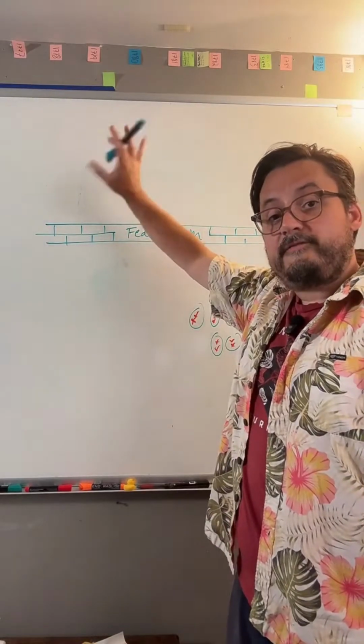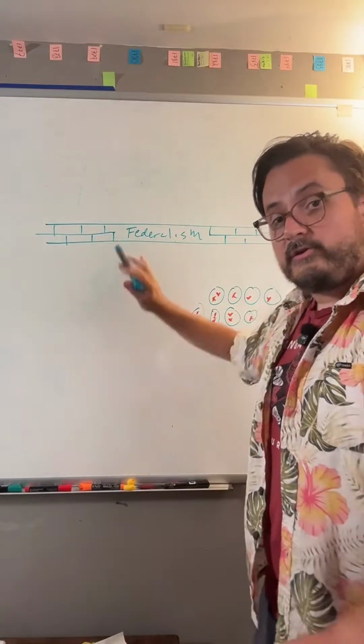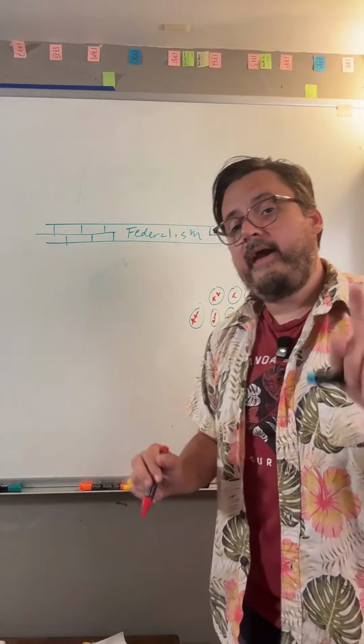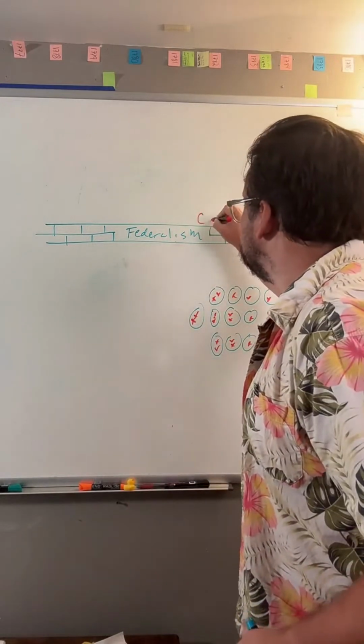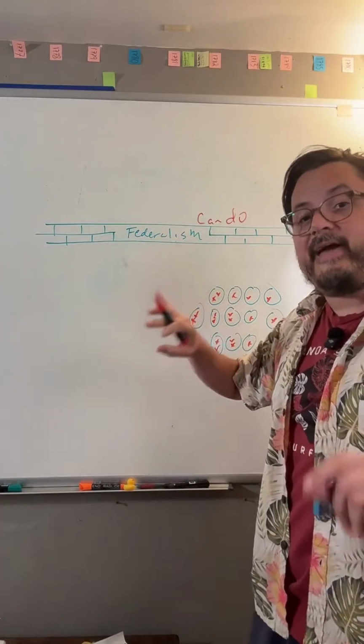Everything up here is federal government. Everything down here is not federal government. So anything above this wall is something that the federal government can do. Anything below the wall, the federal government cannot do.